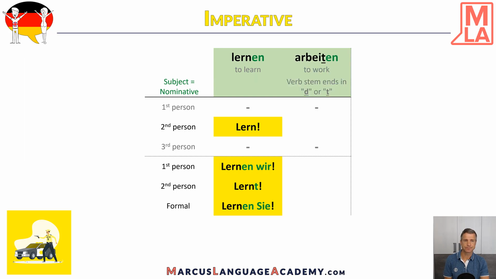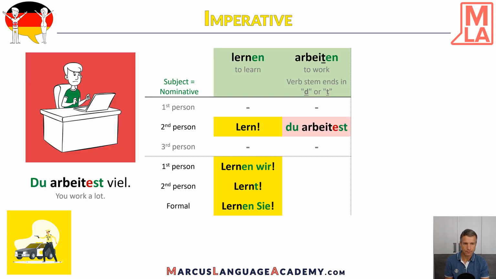So let's see what happens when a verb ends in T. Its verb stem, its root, ends in a T. In present tense it would be du arbeitest. The T means that we need an extra E to separate the ending. Du arbeitest viel, as an example, you work a lot. Now we see it's something irregular because we add an E in present tense.